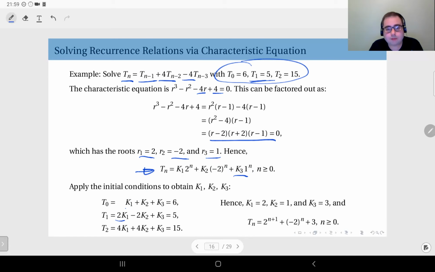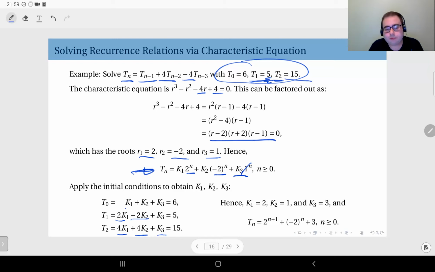Minus 2 to the power 1 is minus 2, so minus 2k2. And this is already 1, plus k3 equals 5. 5 is given to us. And finally, T2, apply n equals 2 to this equation. 2 to the power 2 is 4, 4k1. Minus 2 to the power 2 is also 4, plus 4k2. And simply k3 equals 15.